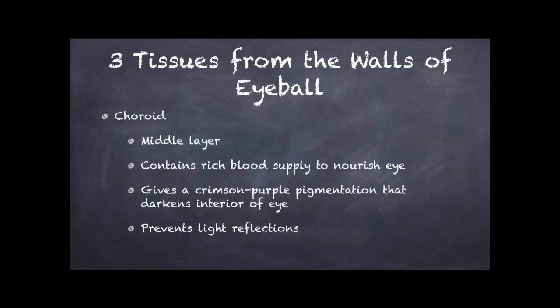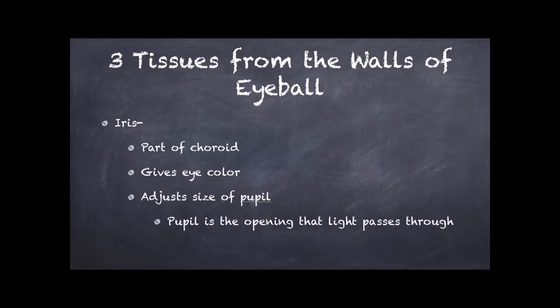Okay, so the choroid is the middle layer of the eyeball, and this is going to have a rich supply of blood, which is pretty much what is nourishing your eye, and it gives it a crimson/purple color in the inside of the eye, and this also prevents light reflections from happening so that you can get accurate portrayals of the image that you're viewing.